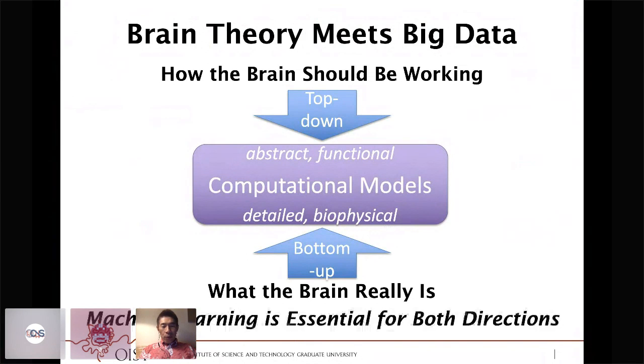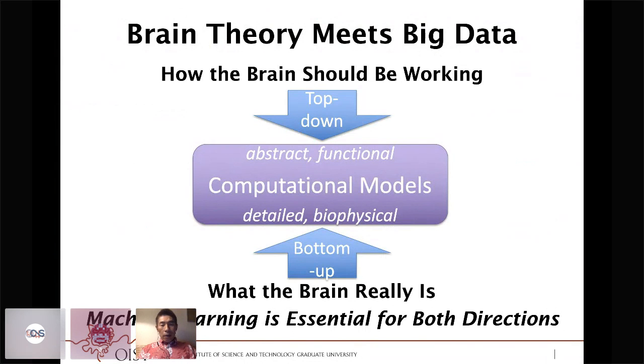In doing both directions of search, machine learning is very important, because machine learning theories and architectures allow us to come up with candidates of abstract functional models, and machine learning methods also allow us to constrain our models based on rich experimental data. So today I'd like to introduce some of the work my lab and collaborators have been doing.